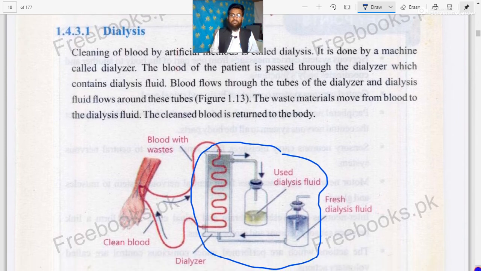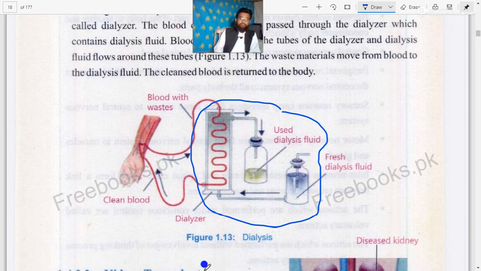Take care. Here we can see in the figure, within a blue circle, all the apparatus of the dialyzer. It is a machine known as a dialyzer. Dear cadets, these red colored ones are tubes.